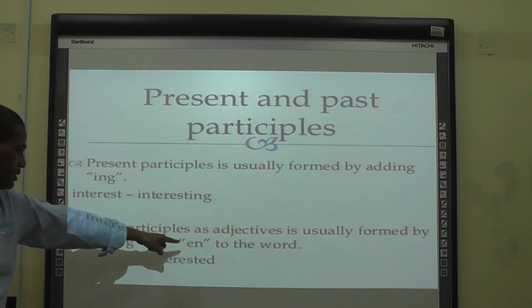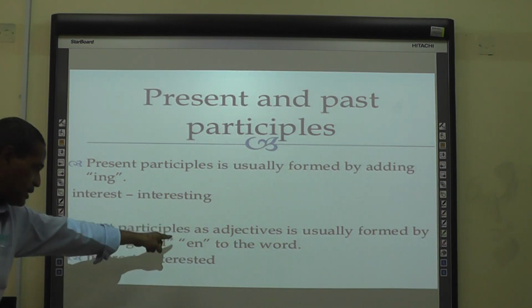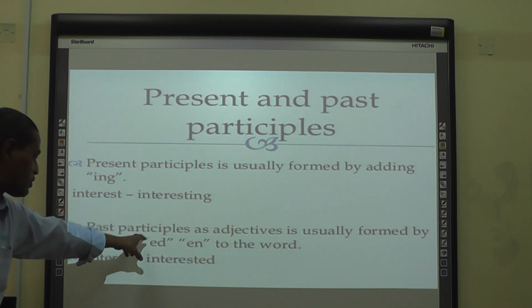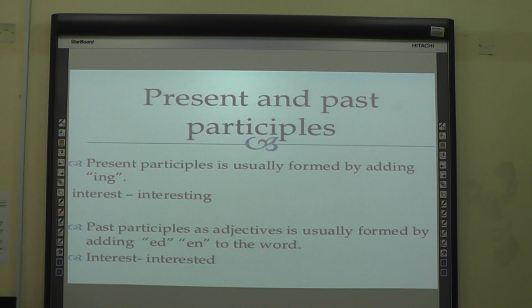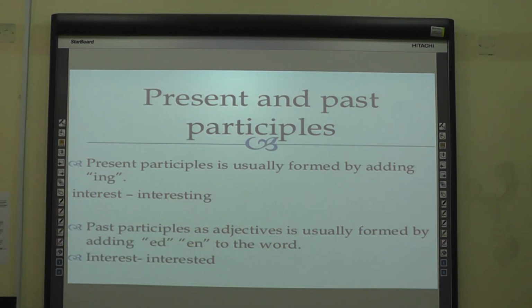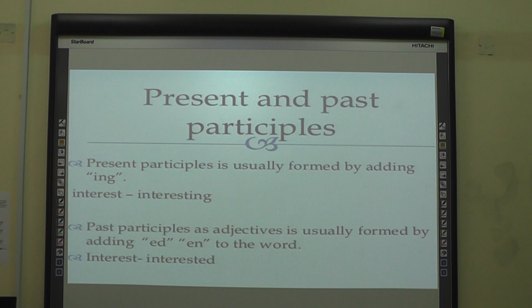While past participles as adjectives are usually formed by adding ed and sometimes en, but today we are going to focus only on adding the ed to the base verb, like interest becomes interested.